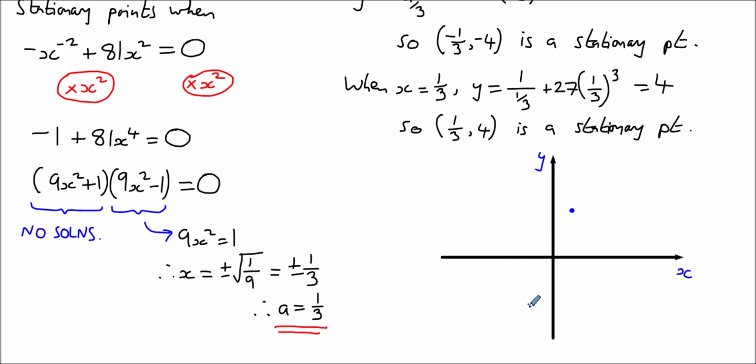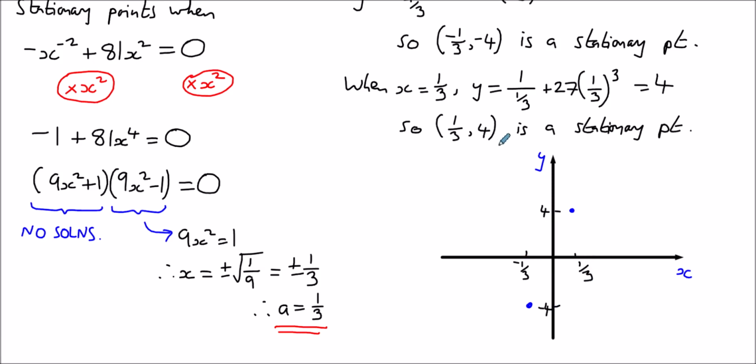Let's just pop it in here. That's minus a third. Silly me, it's not minus a third, I mean to say minus 4. Almost another silly mistake. So that's minus 4. That's positive 4. This is minus a third. Over here is positive a third.